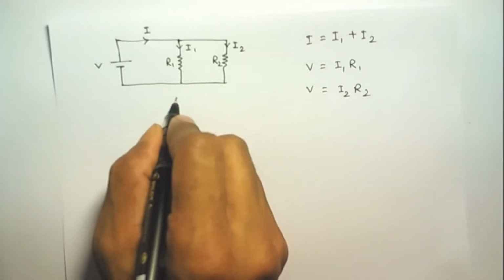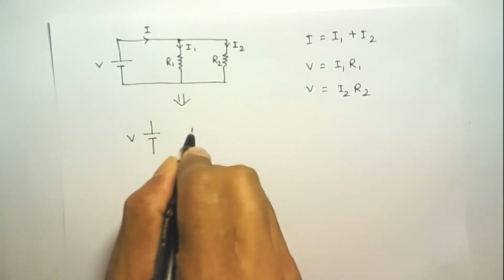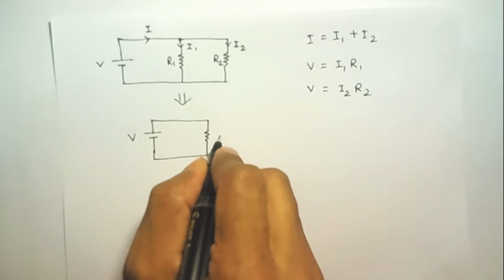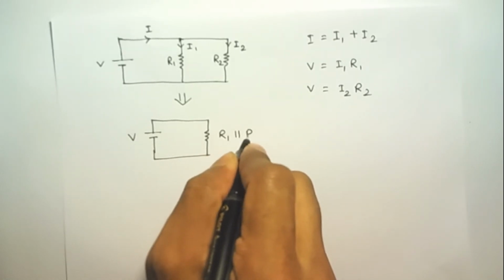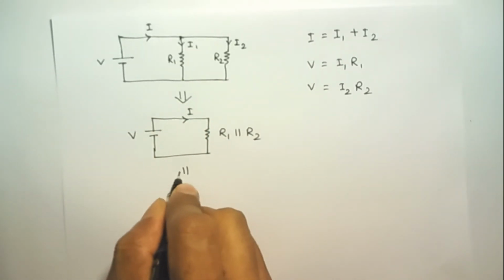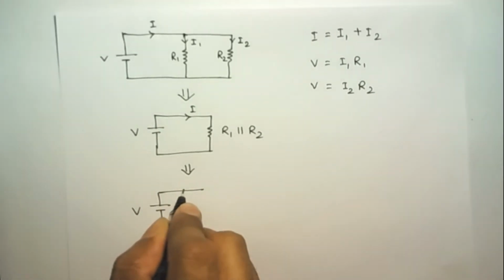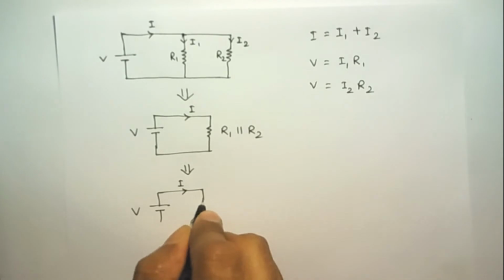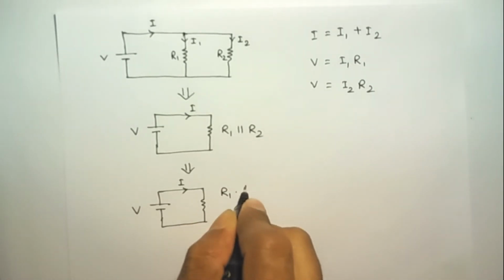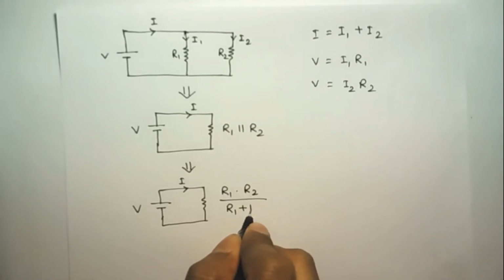Let us draw the equivalent circuit. This is V. Two resistances are connected in parallel, so R1 parallel R2. The total current is I. That means this is V, this is I, and this is R1 into R2 divided by R1 plus R2.